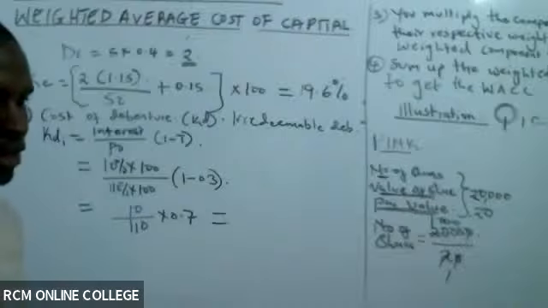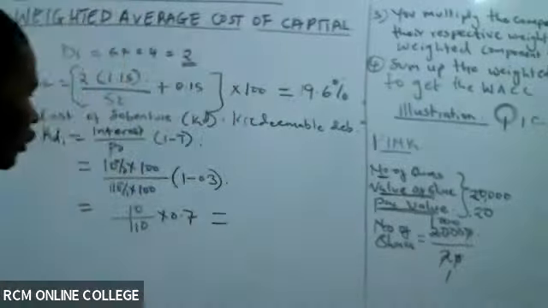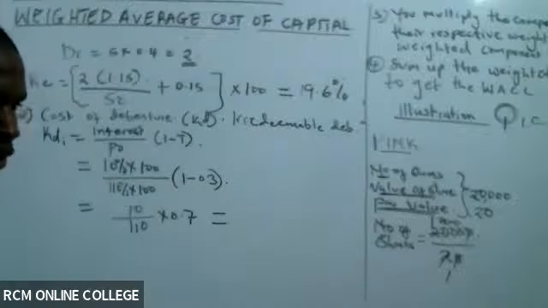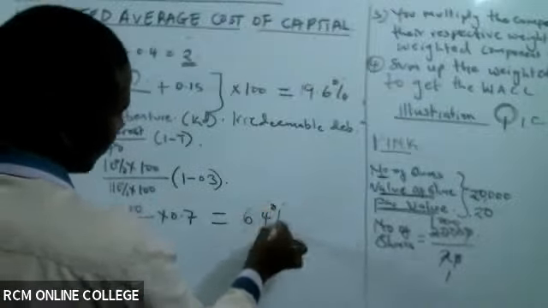Engage your calculator to save on time. 10 out of 110 is like 1 over 11 times 0.7, so it is 6.4%. Look carefully, this is 0.7, so 6.4%.